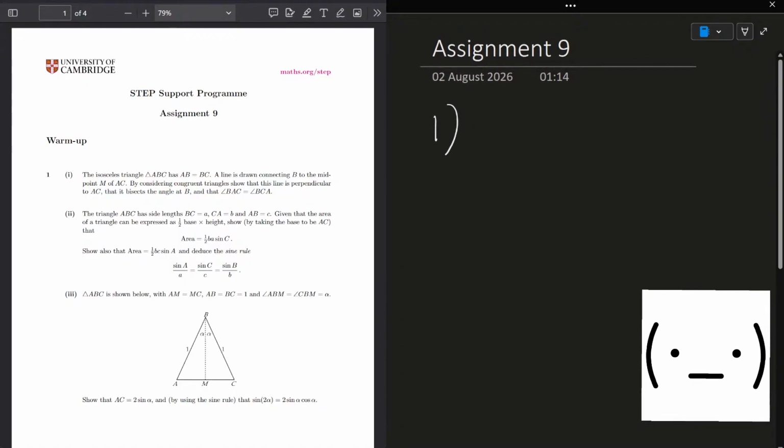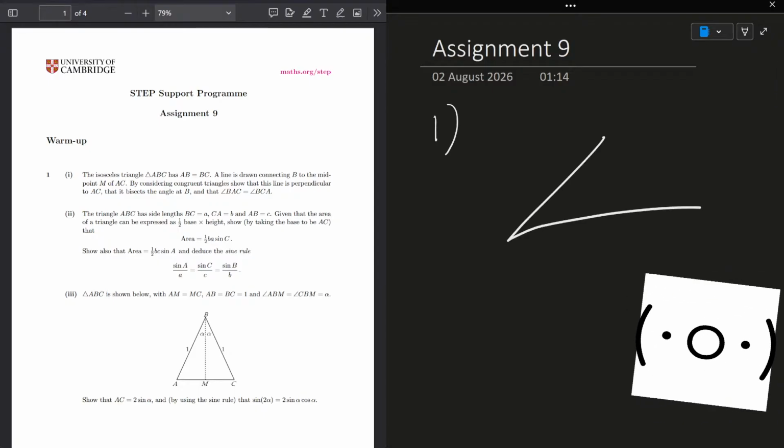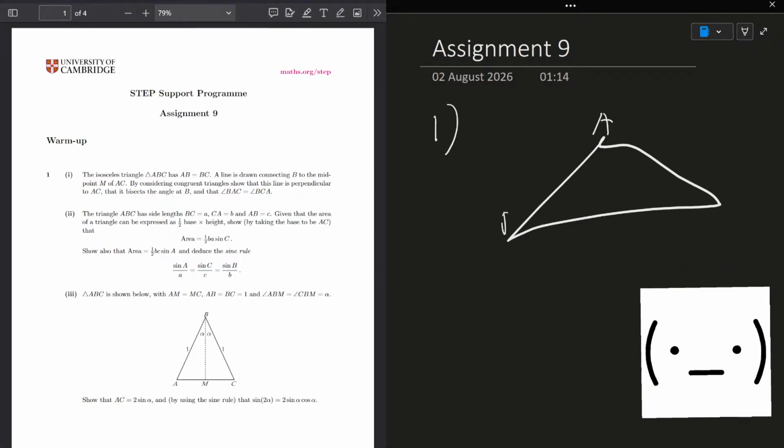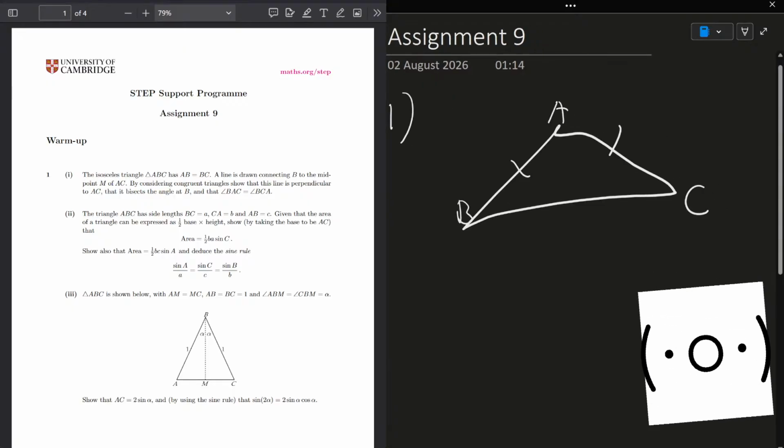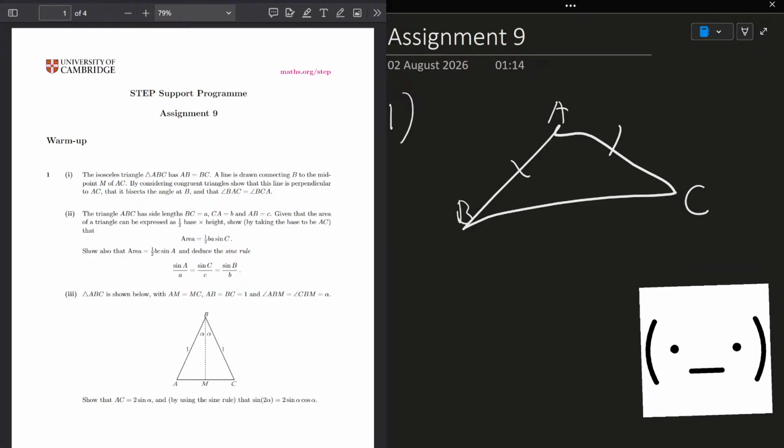So, the warm-up. Isosceles triangle ABC, lovely. Isosceles, we love isosceles. ABC has AB equals BC, which we know. And there's a line drawn from B to the midpoint M of AC.